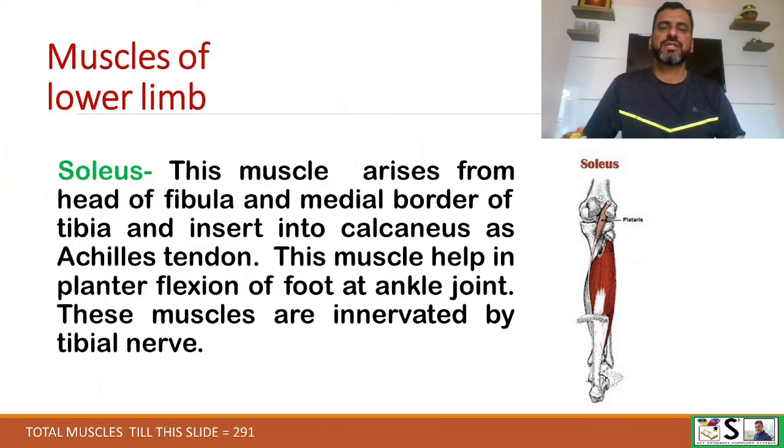Soleus. This muscle arises from head of fibula and medial border of tibia and inserts into calcaneus as Achilles tendon. This muscle helps in plantar flexion of the foot at ankle joint, and these muscles are also innervated by tibial nerve.